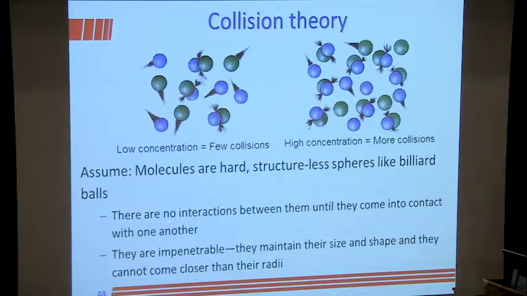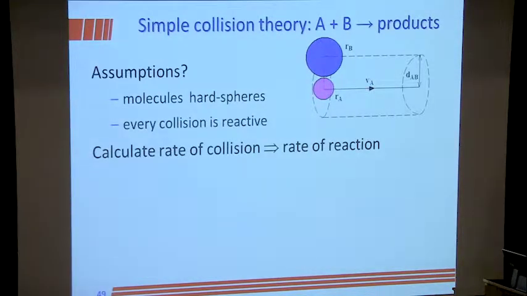So you assume there's no interaction between them until they come into contact, no forces of attraction or anything, and that they are impenetrable. They maintain their size and shape, and they cannot come closer than their radii. If we assume that, then we can picture a situation something like this for their collision.